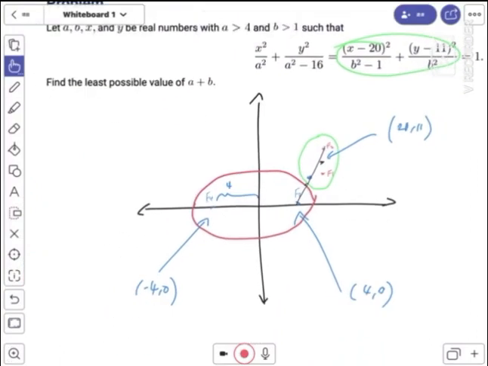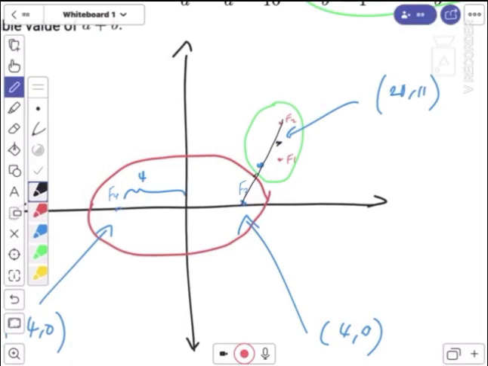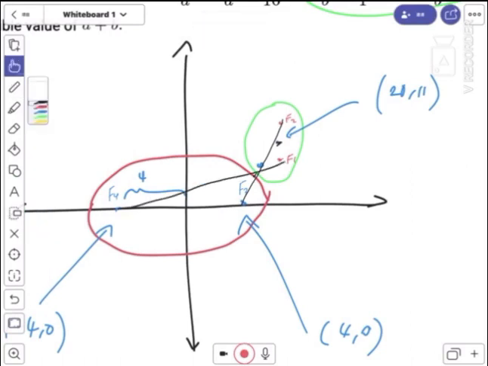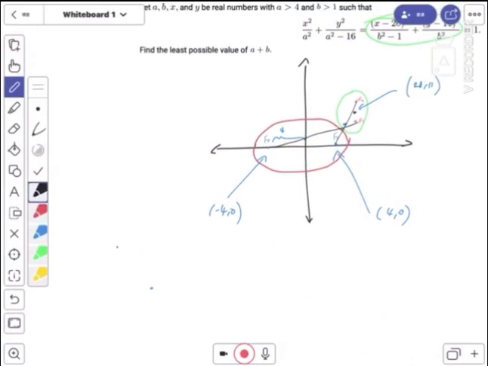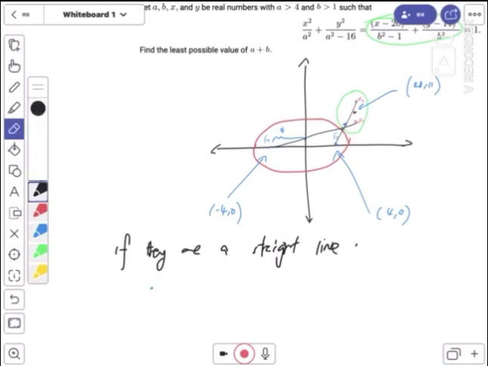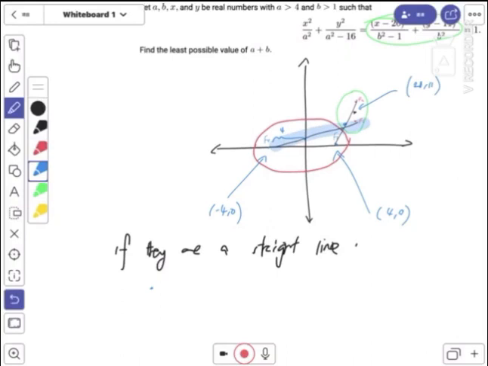Yeah, so now a straight line, then let's say we only look at this line for now.